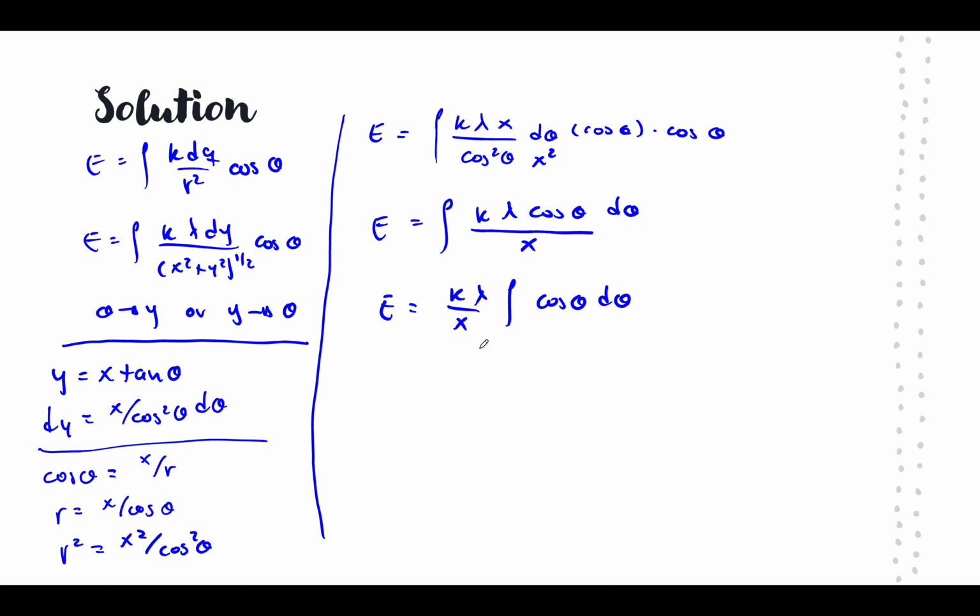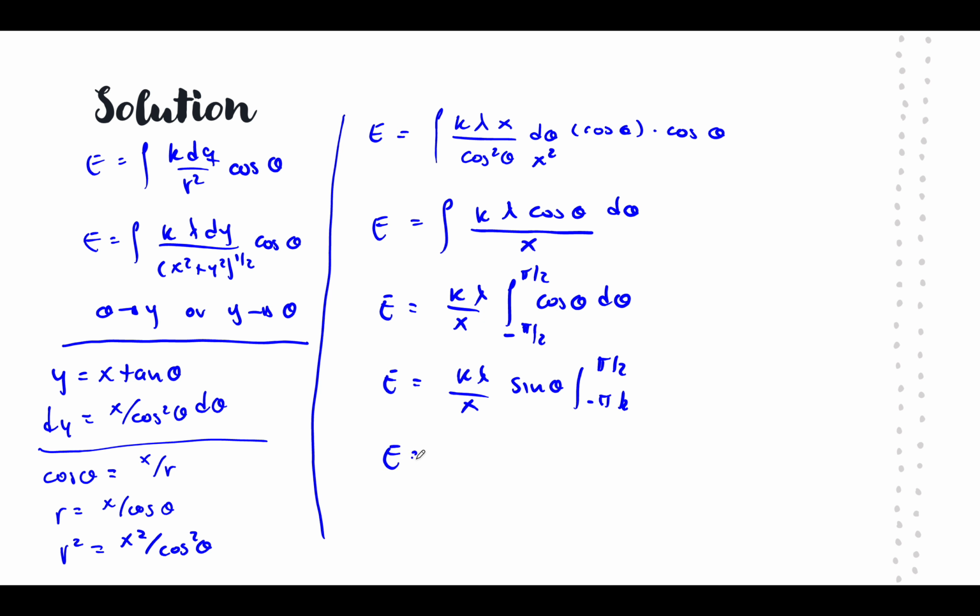integration boundaries? Well, if the wire is very, very long, then if we look at the tip of the wire and draw a line to the point P, it's going to look almost like a vertical line. So I'm going to be integrating from minus pi over 2 to pi over 2. So that means that my electric field is going to be equal to k lambda over x times sine theta evaluated from minus pi over 2 to pi over 2.